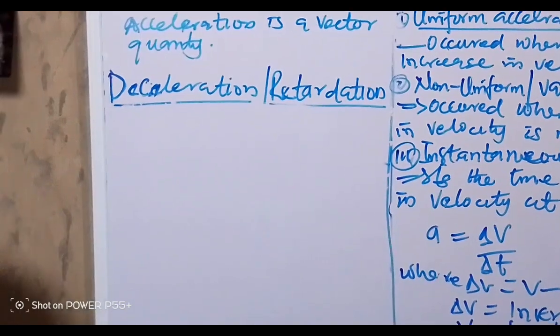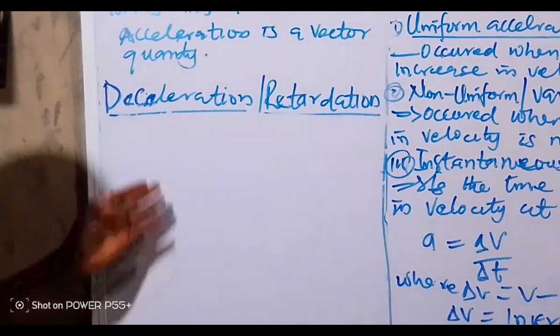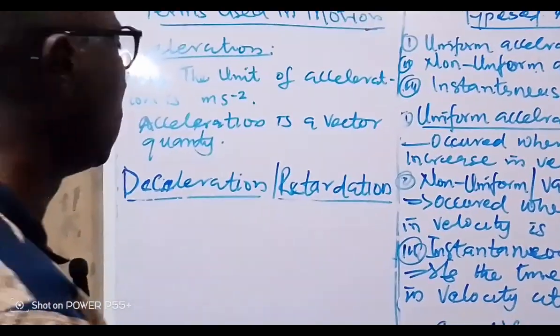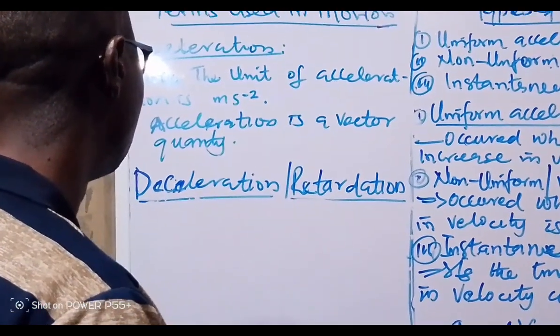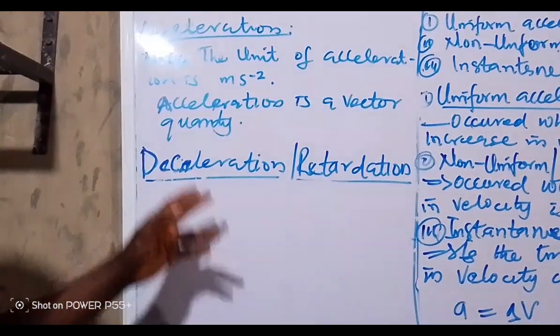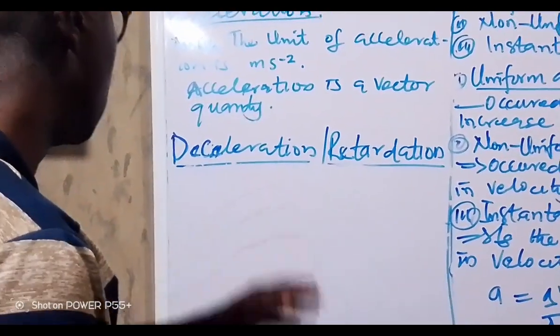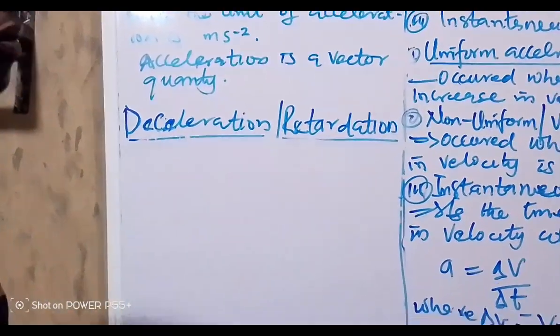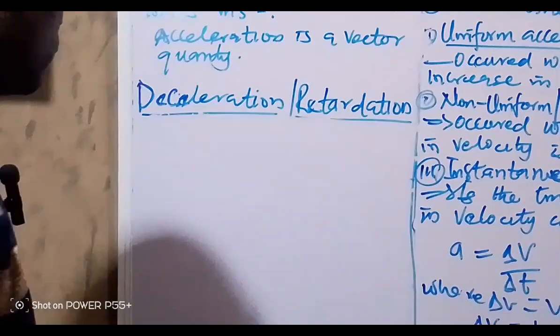Next is deceleration or retardation. This one is just the opposite of acceleration. That is, as in the case of acceleration, which is the time rate of increase in velocity, deceleration is the time rate of decrease in velocity.